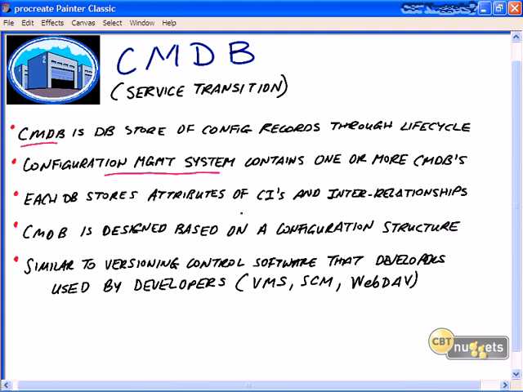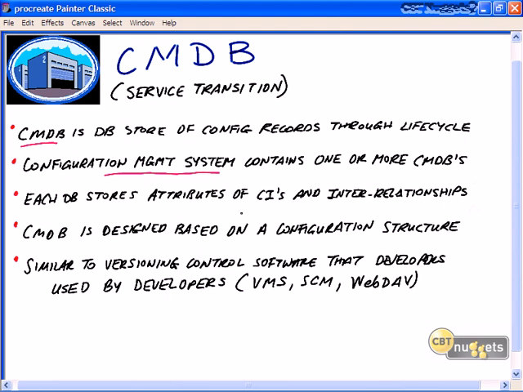So this is more than just simply data stored, let's say, in a SQL Server database. Okay, the configuration management system is going to have tools for collecting, storing, managing, updating, mining, and presenting this data about all the configuration items, the CIs, and the relationships they have to each other.